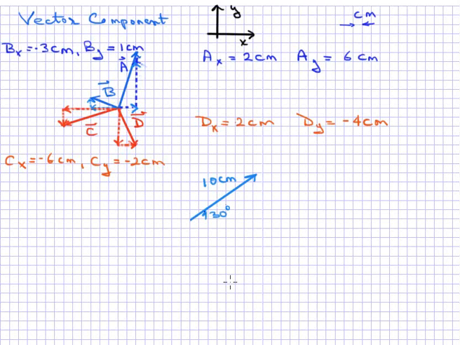from the positive x-axis. And so I'd like to know, let's give this a name. Let's call this vector E. And so what would the Ex and Ey be for this vector? Okay, so in order to do that, we're going to go back to some of the trigonometry we've talked about already. So essentially what I will do is I'll make a little right triangle here.